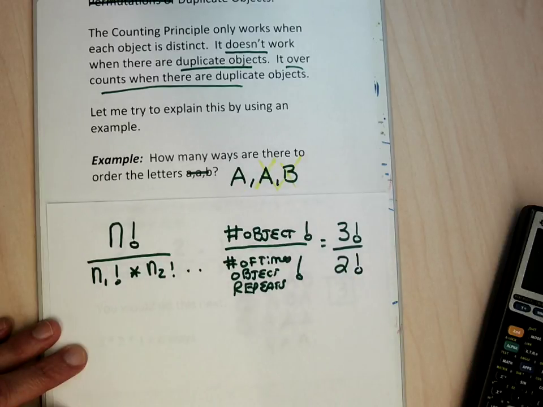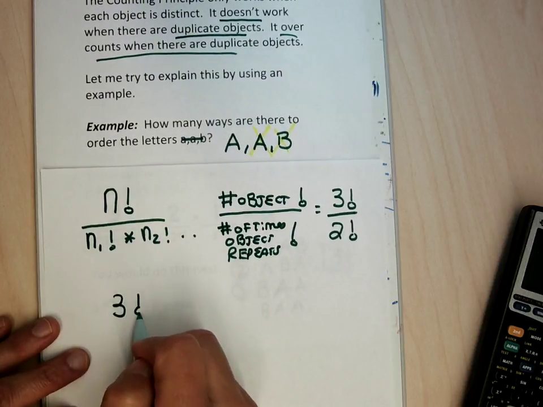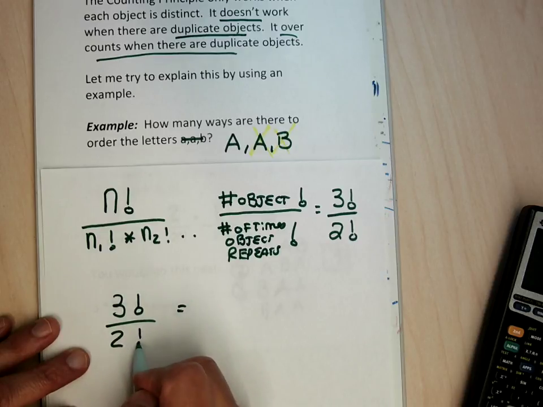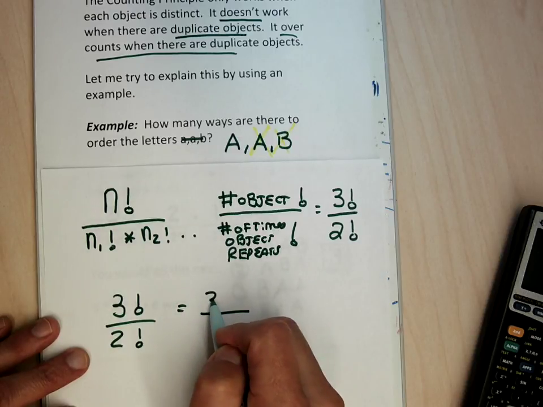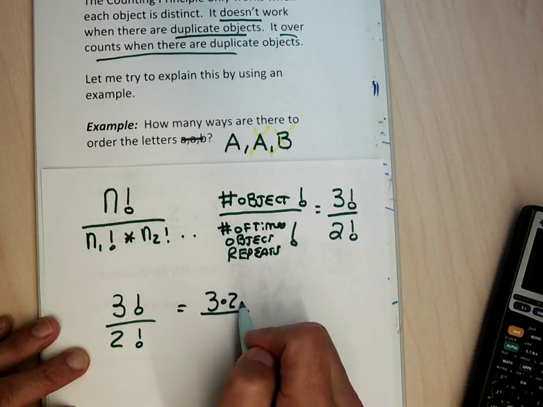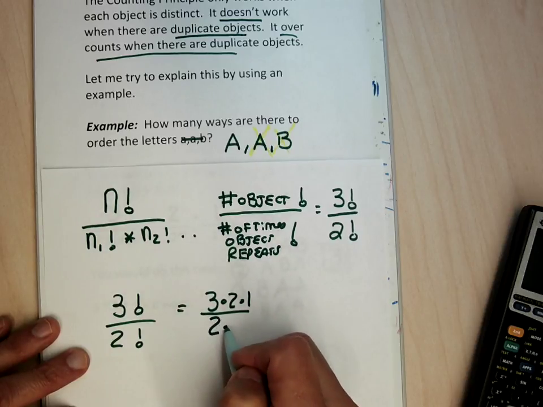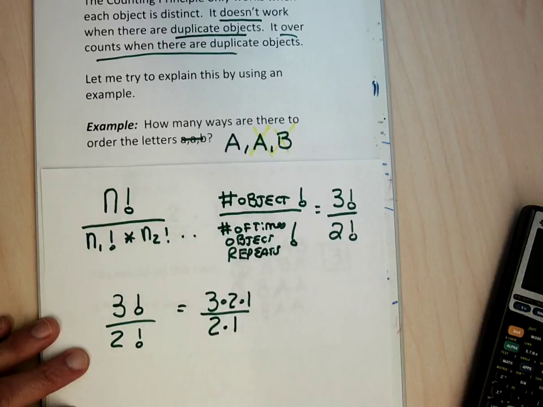So I'm going to say this is 3 factorial over 2 factorial. Factorial means to multiply, starting with that number, going down by 1, all the integers that are less than it till you get to 1. 3 factorial is 3 times 2 times 1, and 2 factorial is just 2 times 1. So we start with a number and we decrement down until we get to 1.